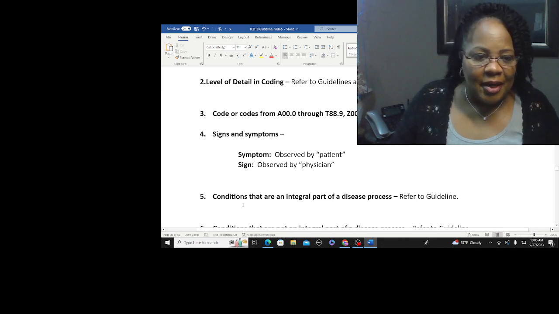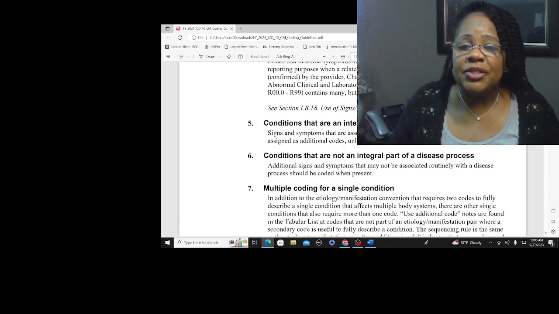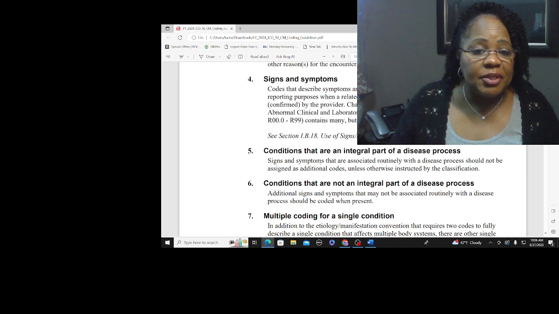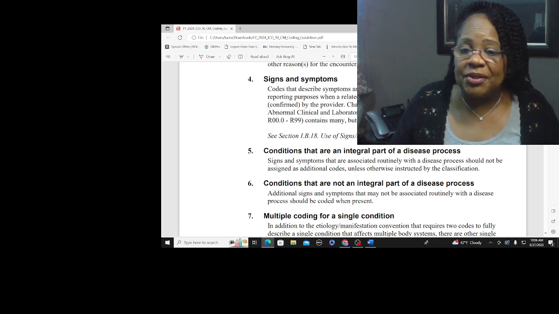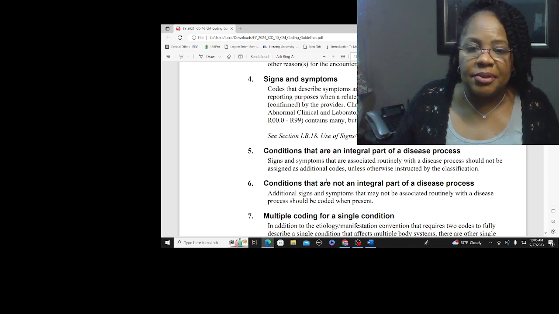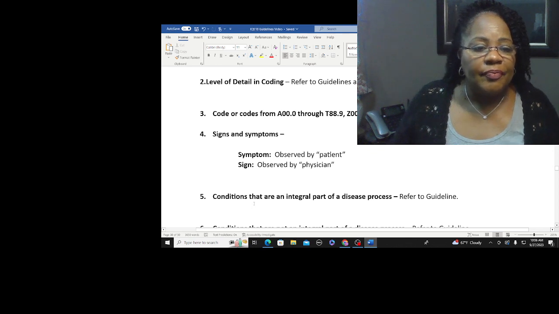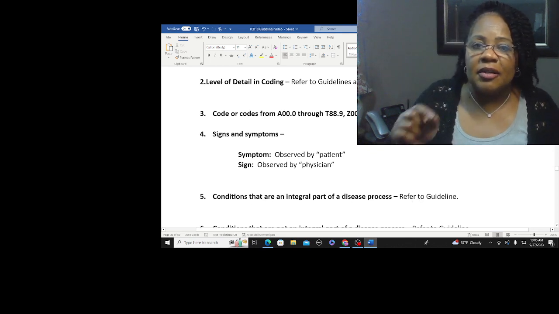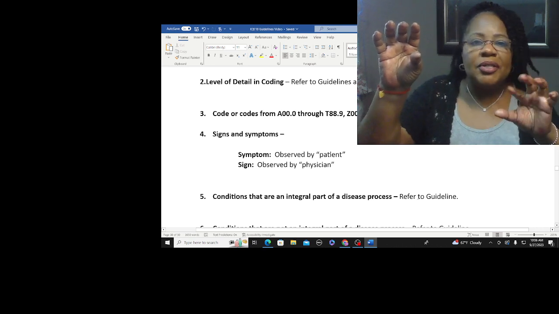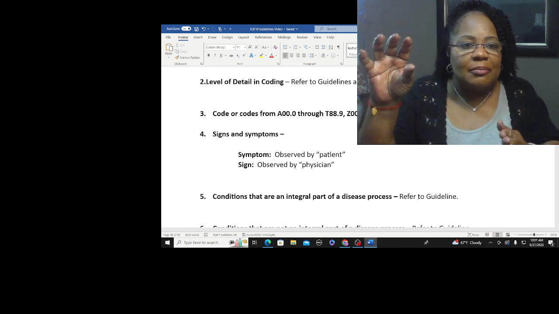Okay? All right, 5. Let's look at number 5. Conditions that are an integral part of a disease process. Signs and symptoms that are associated routinely with the disease process should not be assigned as additional codes unless otherwise instructed by the classification. So it's exactly what it's saying here. If these symptoms add up to this diagnosis, then don't code the symptom codes, just code the diagnosis code, because that's what these symptoms are.